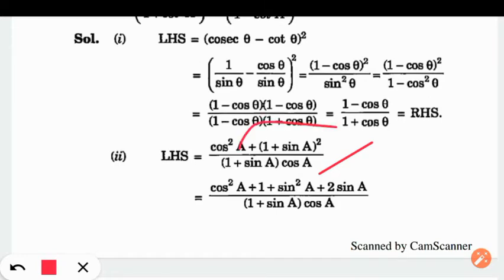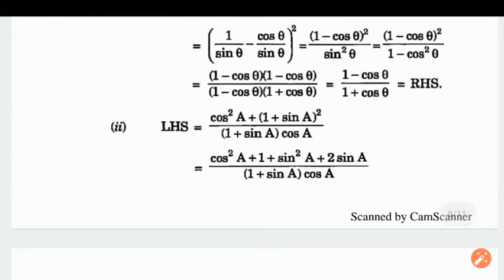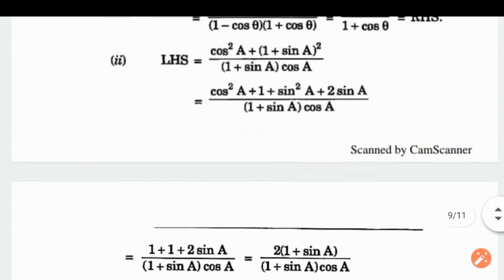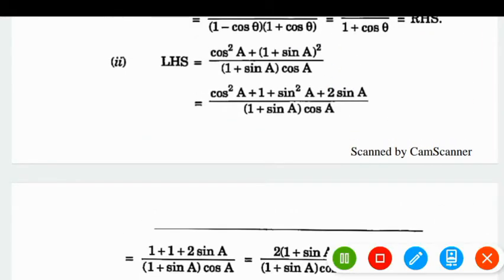Now expand this one by using the formula a plus b whole square. Now see, if I keep cos square a with sin square a, it will give 1. Cos square a plus sin square a is 1, and 1 is already there.